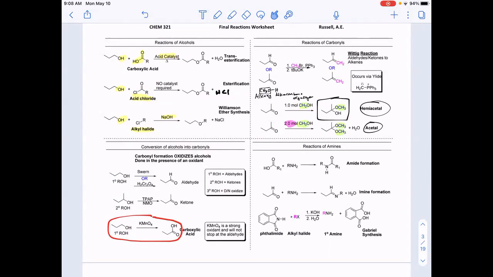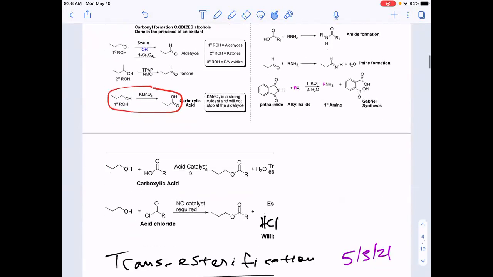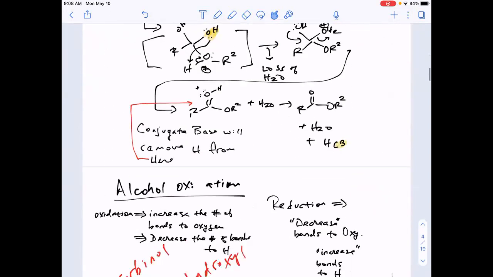It's a very small sample of that. And then amines: we talked about the Gabriel synthesis, amine formation, and the amide formation, which I told you had a mechanism almost identical to esterification, so we didn't really talk about that mechanism. So let's jump in and start hitting some of these problems.